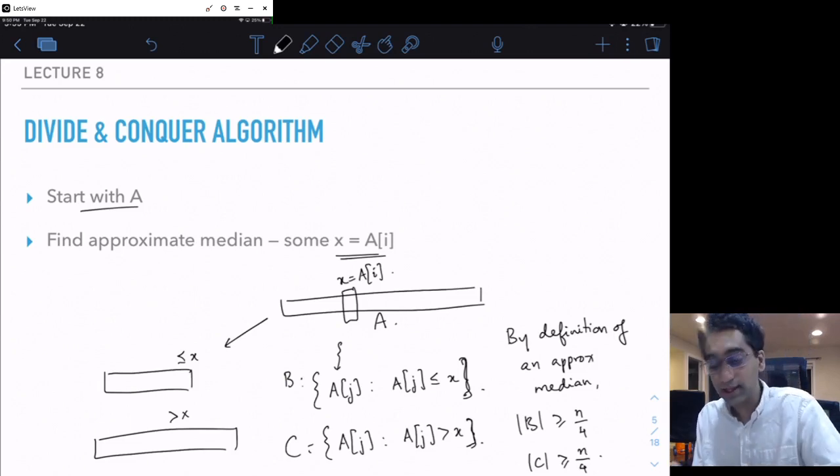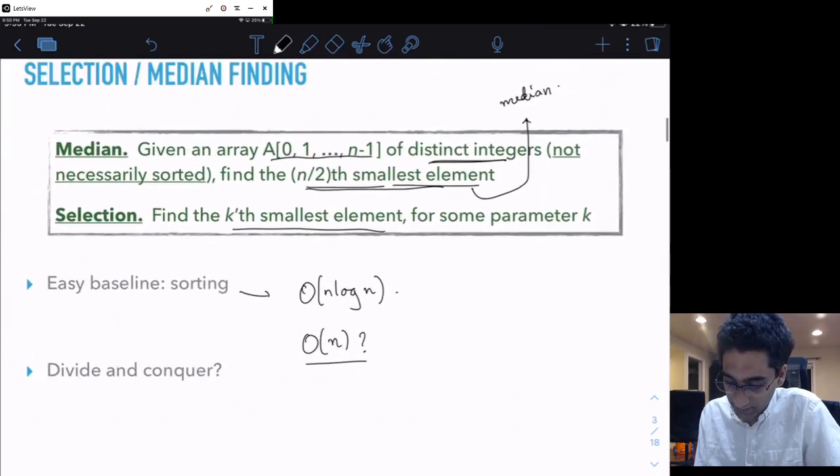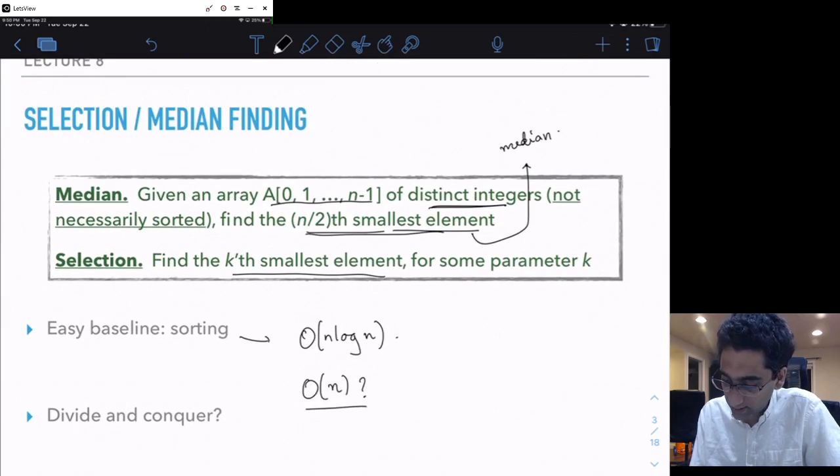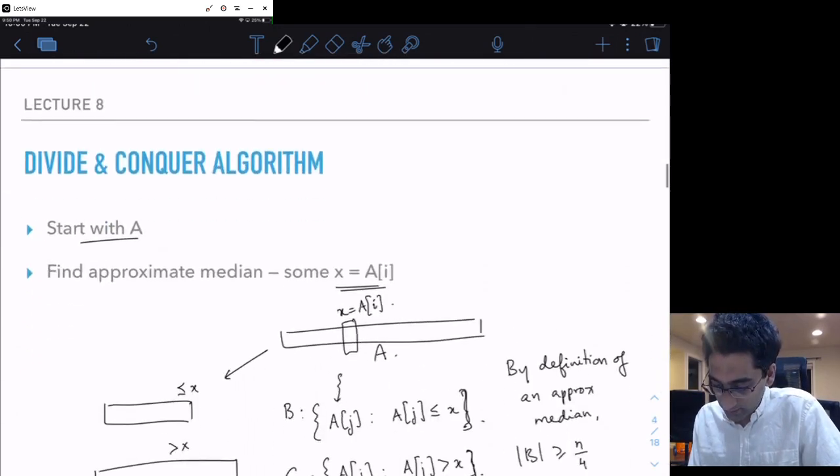Okay, so actually one thing I forgot to mention is that I will throughout be talking about solving the selection problem, because that's actually the harder problem, right? The selection problem asks you to find the kth smallest element; if I set k equals n by 2, I get back the median. Okay, so I will always talk about the selection problem.